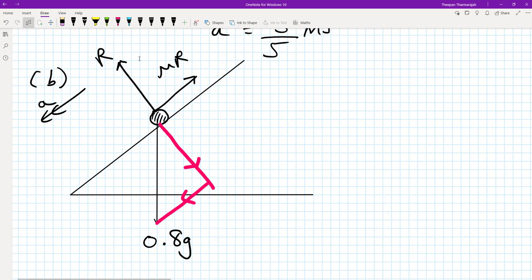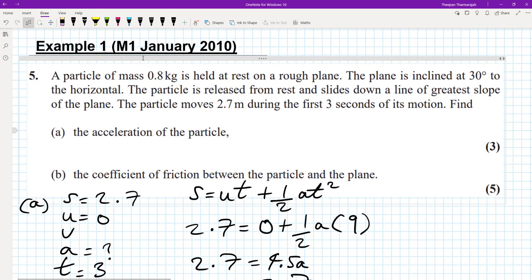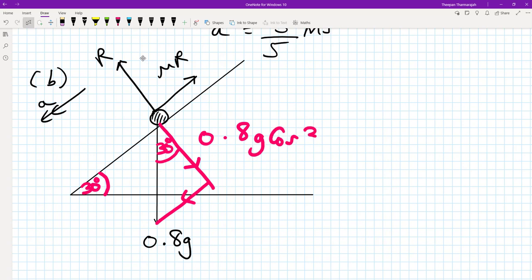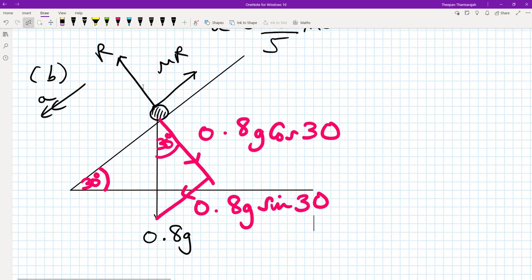So we need to go back and write down what the angle is. It's 30 degrees to the horizontal, and this is also 30 degrees here. The one that contains the angle is always cosine, so it's 0.8 g cosine 30, and this will be 0.8 g sine 30, and then we're in a position to start resolving.